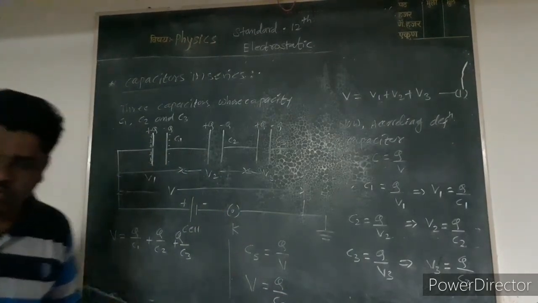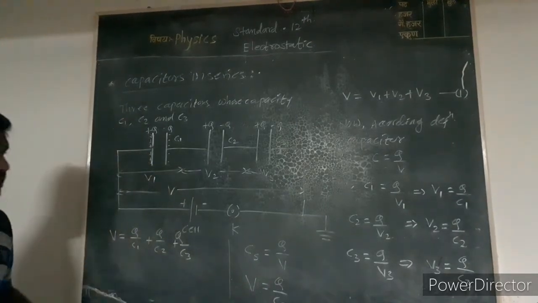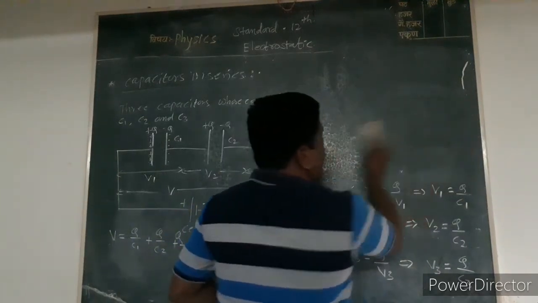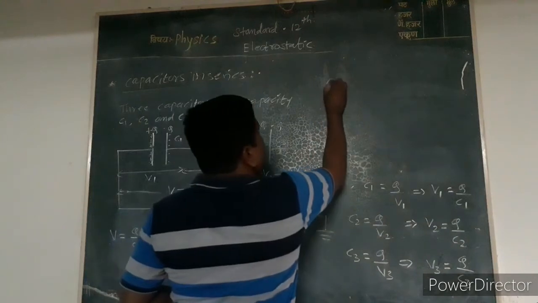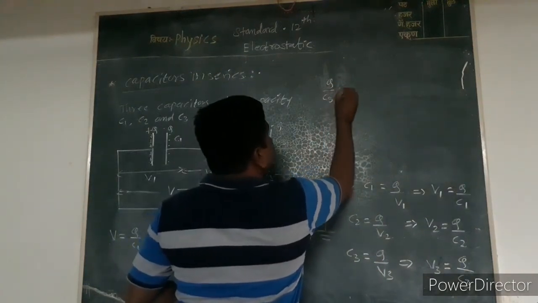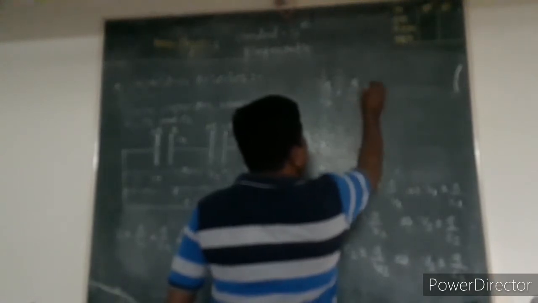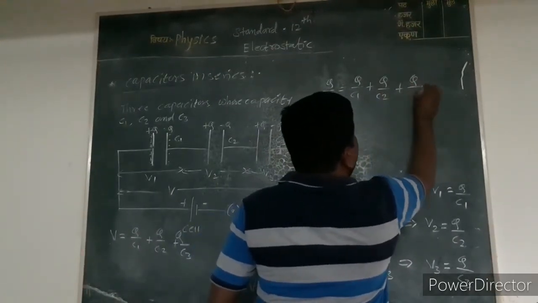Using this value, V is equal to Q upon CS, this equation becomes Q upon CS is equal to Q upon C1 plus Q upon C2 plus Q upon C3.